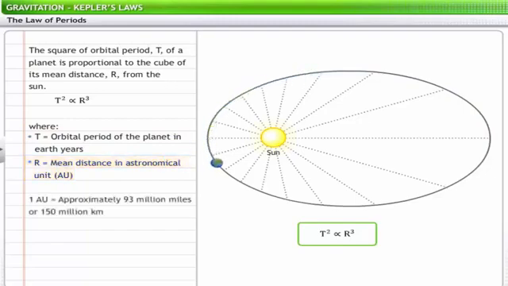Astronomical unit (AU) is the mean distance between the Earth and the Sun. Thus, an astronomical unit is approximately 93 million miles or 150 million kilometers.